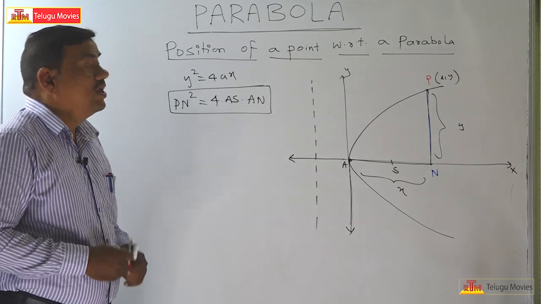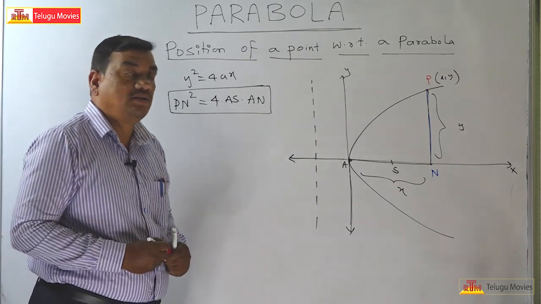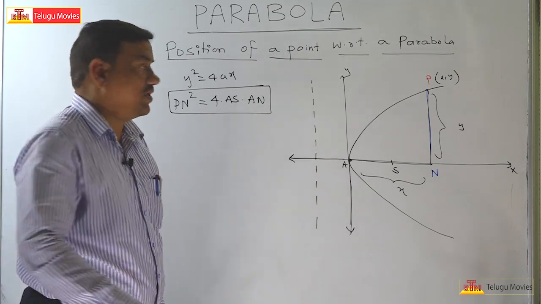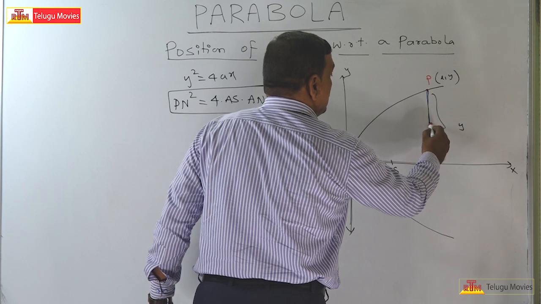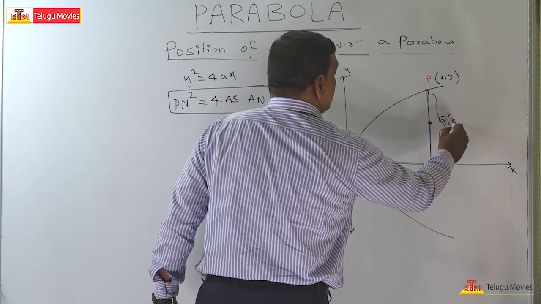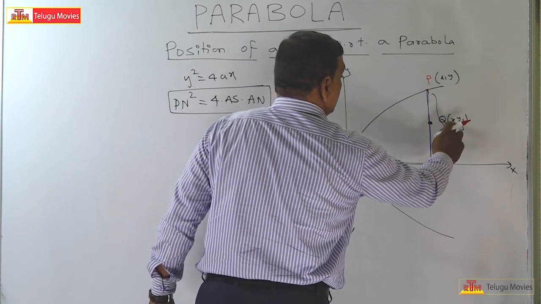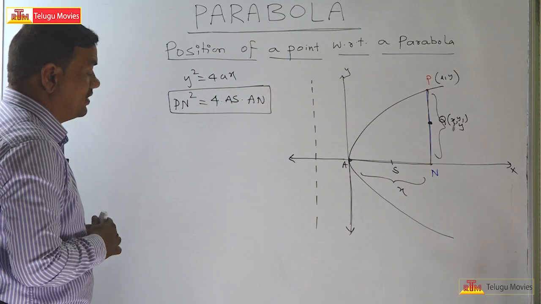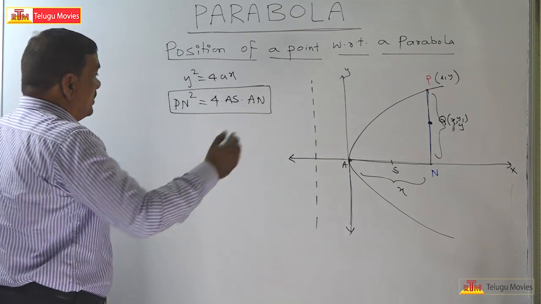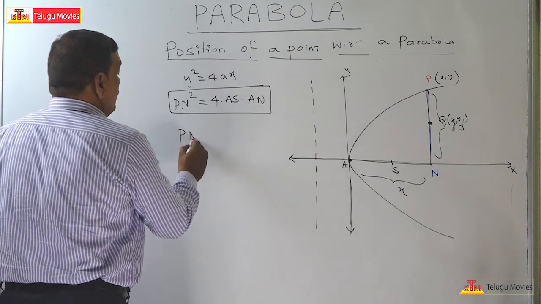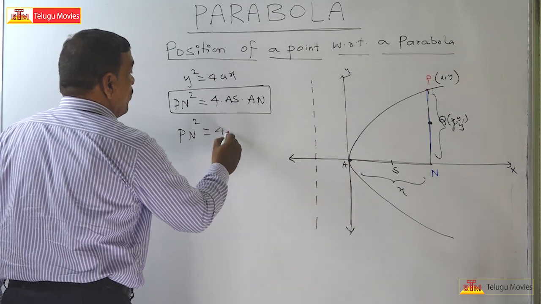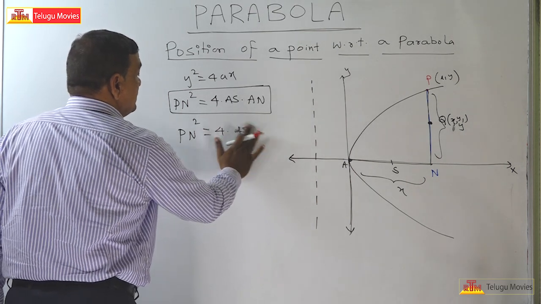Now let us take any point interior of the parabola. First of all, let us take this point Q(x1, y1). Let us see here, PN square is equal to 4 into AS. AS means a.